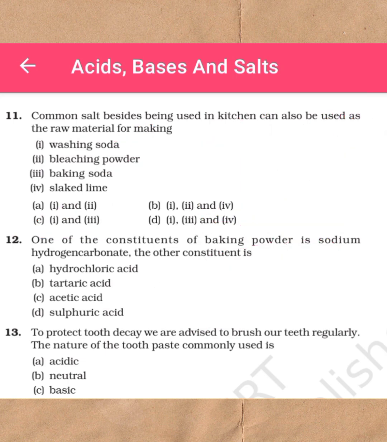One of the constituents of baking powder is sodium hydrogen carbonate. The other constituent is the component which is used for making common salt.